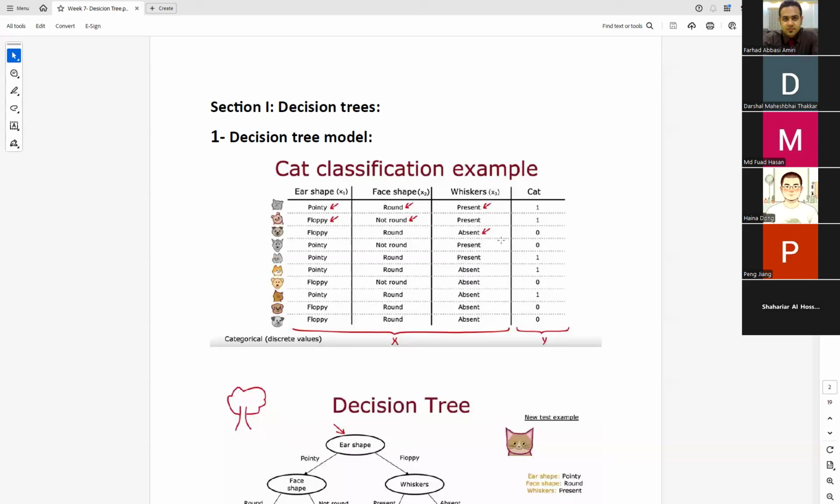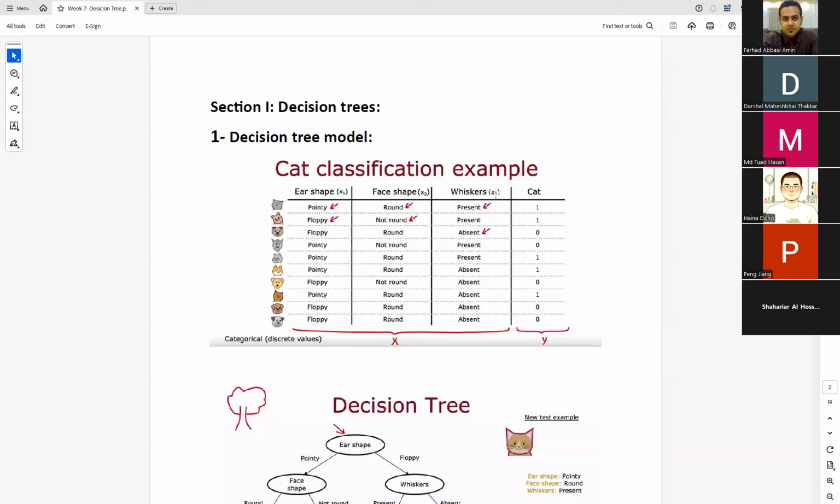0. If you take a look at this data table, it has categorical or discrete values. For example, for the ear shape, the first feature, there are no numbers, right? There's no numerical value. They're categorical. We have 2 categories for the ear shape, pointy and floppy. For the second feature, face shape, we have another 2 possibilities, round or not round.